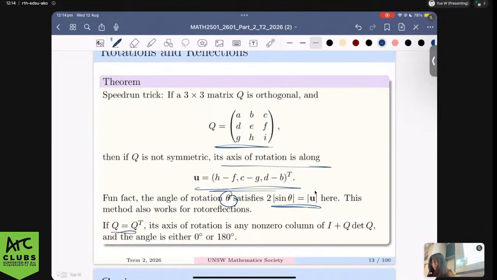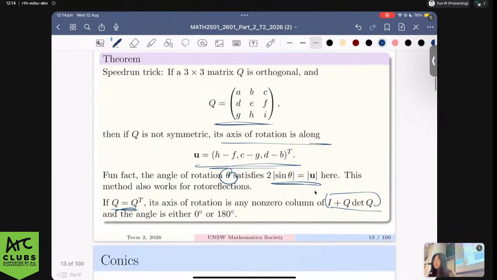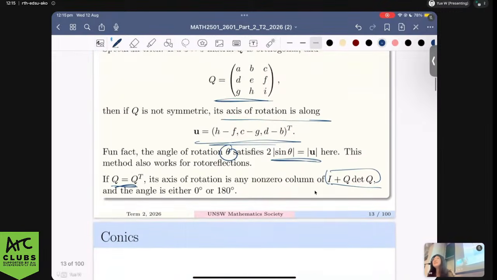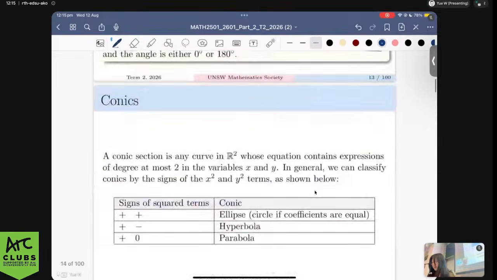So if Q is equal to Q transpose, its axis of rotation is any non-zero column of this form here. And the angle is either 0 degrees or 180 degrees. Again, I don't think Sean taught this in the lecture, but this trick is very nice because you can use it to check your answers. But yeah, just something interesting to know about.